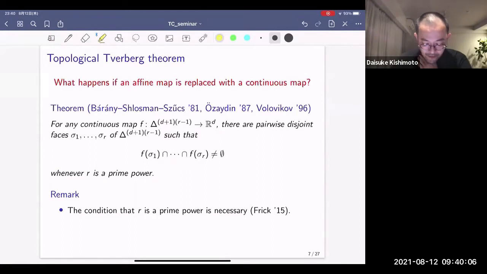So this is very, very interesting, and the proof is of independent interest because it uses practical calculation of the Radon cohomology. But so the difference between the topological Tverberg's theorem and Tverberg's theorem is this assumption: R is a prime power.